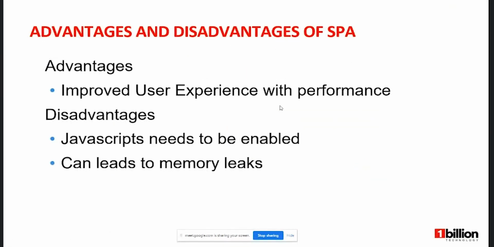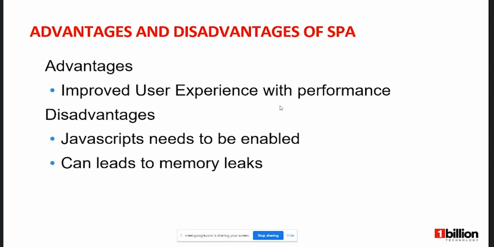So far we have talked a lot about advantages, but it has drawbacks as well. The main thing is, for a single page application to work, JavaScript needs to be enabled. In case of a JavaScript failure, the whole thing will be down.